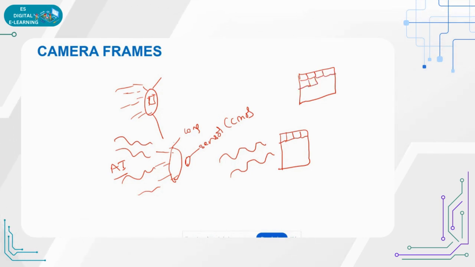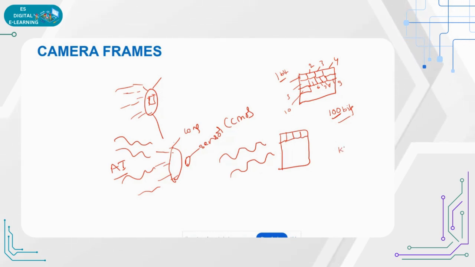Okay, so one frame carries one bit. This is an example. So like this is two, this is three, this is four, 5, 6, 7, 8, 9, and 10. Like that, the frames. But for one image, it will come to around 100 bits. Whenever you save the image or the pic, you can see it is stored as a part of a KB or MB.